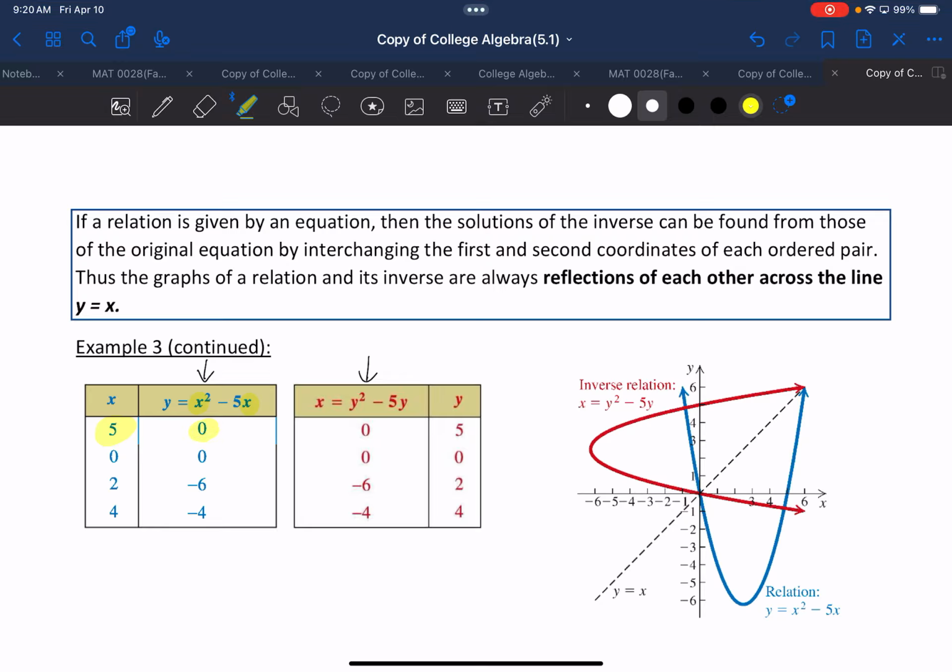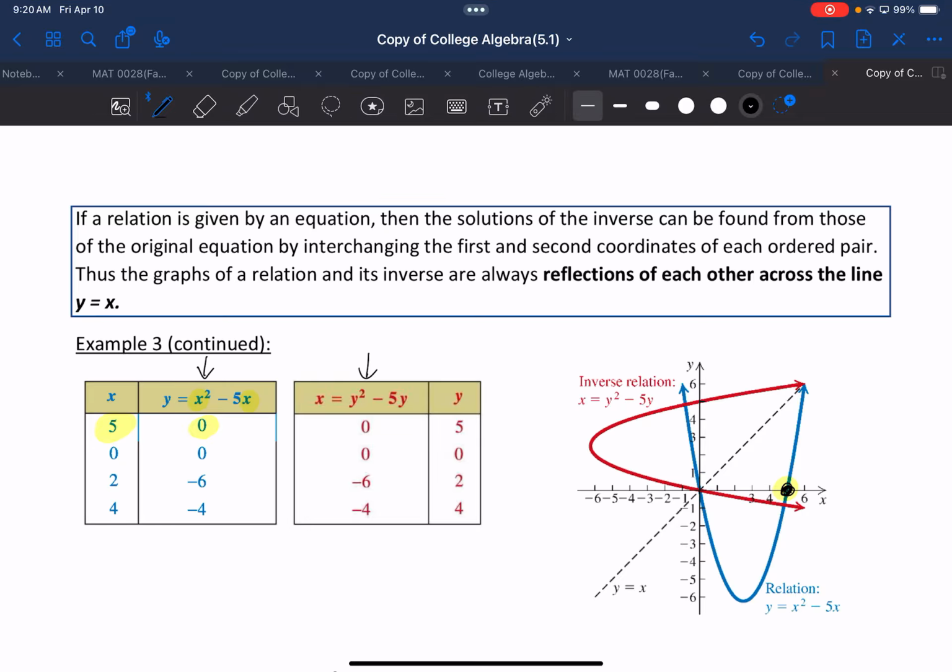So that is a point on this graph, 5, 0, which is right here on the blue graph. So if that point is on that graph, then the point 0, 5 will be on the inverse of that graph. And that is true because if I plug in 0 for x into my original, then my y would have to be 5.